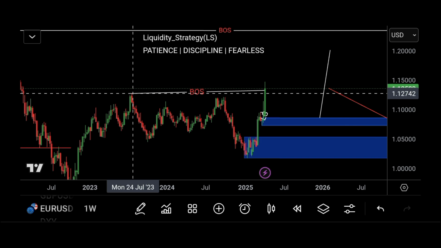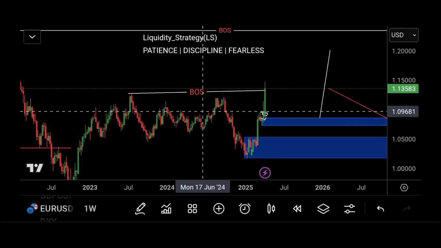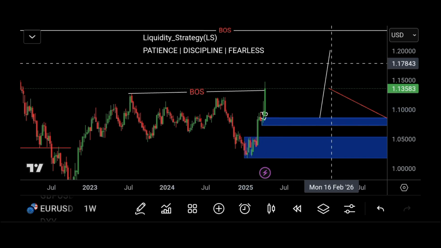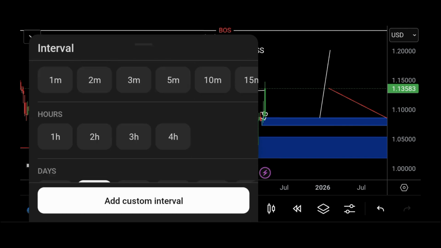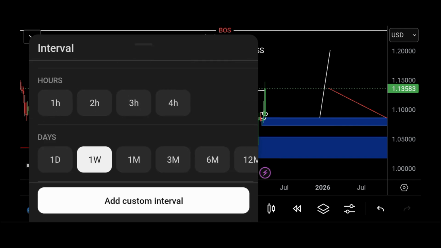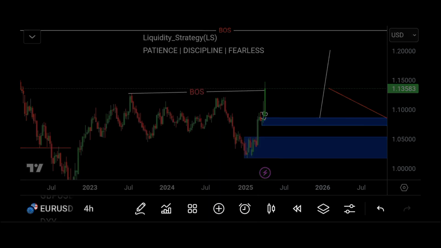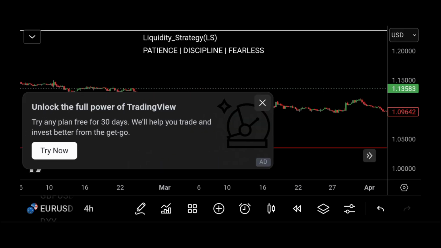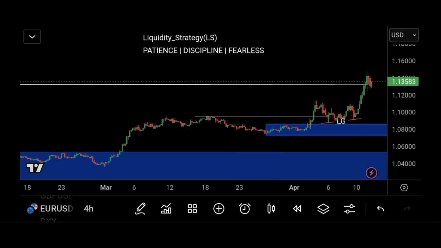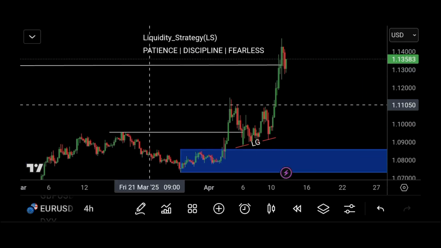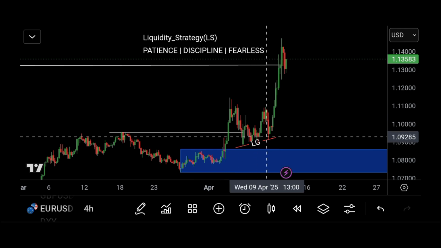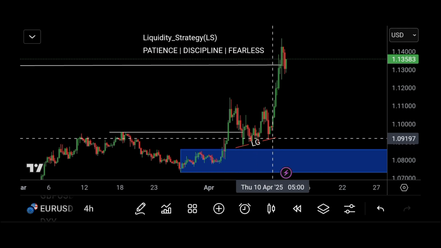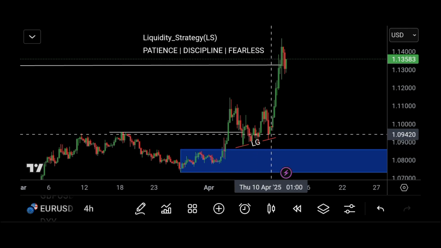So that's the reason why I did not mark this zone. Anything can happen here, anything can happen at this zone, but it might be a reaction. And even to this zone, it might be a reaction.